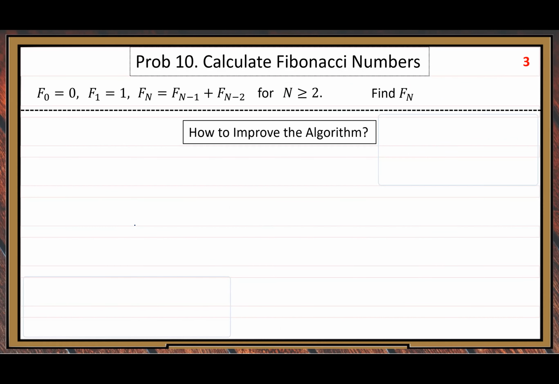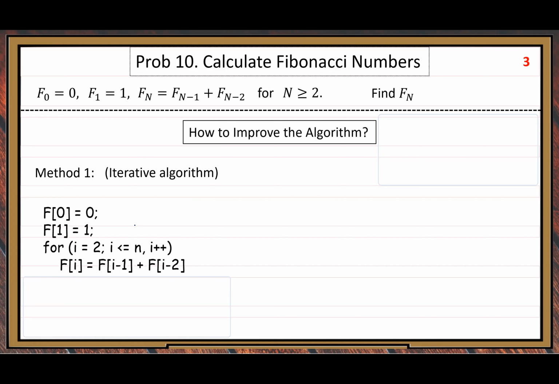The next question, how to avoid redundant calculation. How to improve method one: iterative algorithm. We do not use recursion, because that recursive algorithm gives us the huge redundancy. If we do not use the recursion, then we can avoid it.